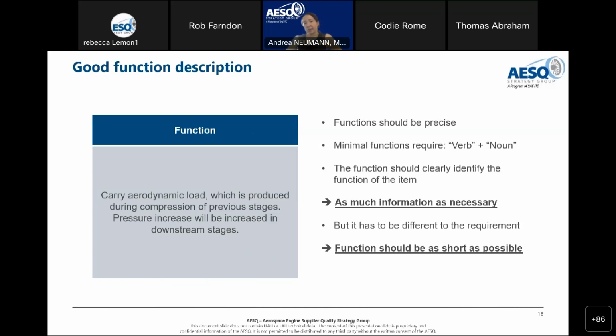So, as much information as necessary in the function description, but as short as possible, because you will have a lot of information in your DFMEA at the end, and sometimes you want to find information quickly. Be aware that you must have a good compromise between those.